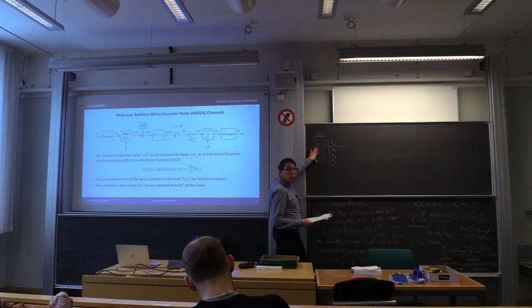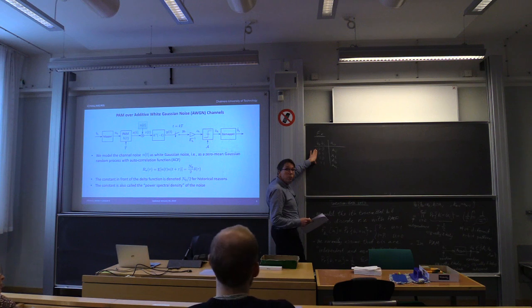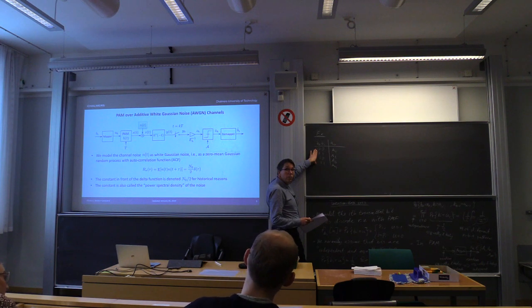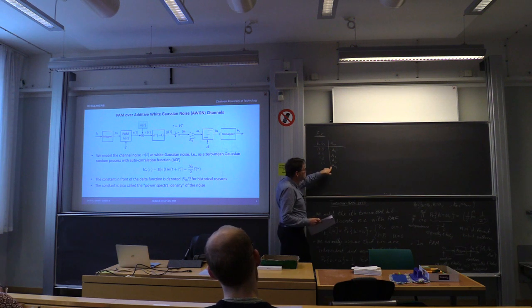So these are the possible inputs, these are the possible outputs. We don't know which input will occur. It's a random event. So there is a probability 1/4 of each of these, and therefore there is a probability 1/4 of each of these.